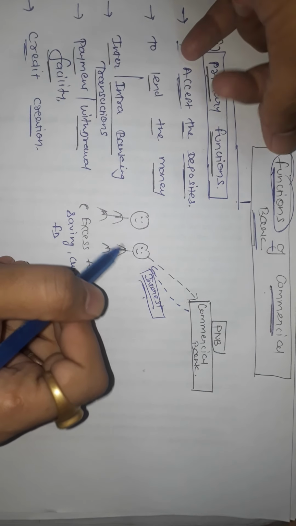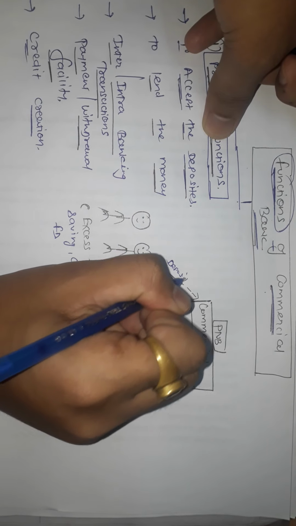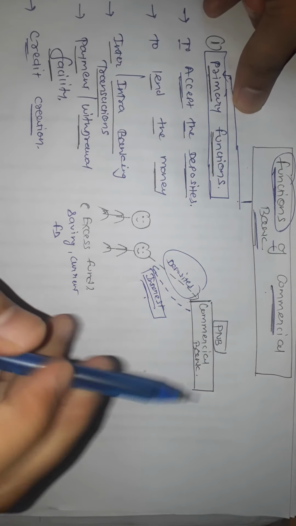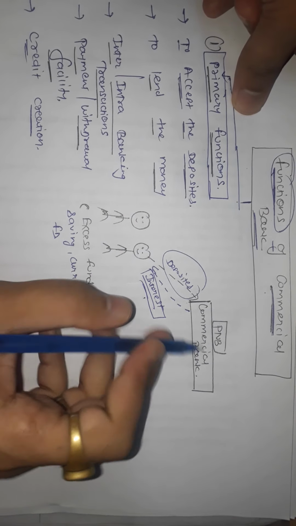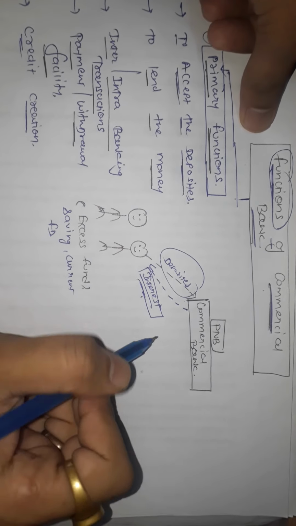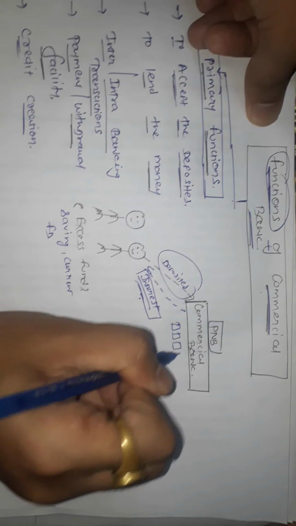Okay, so these people deposit the fund in a commercial bank, and the commercial bank provides the interest to the people. Okay, now what happens after getting the fund from the different people?